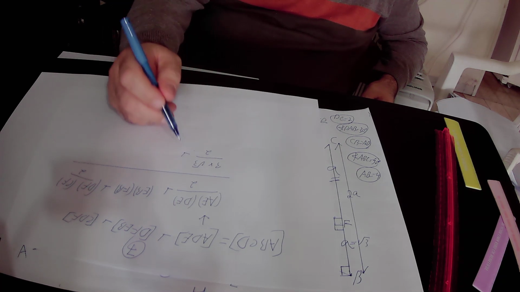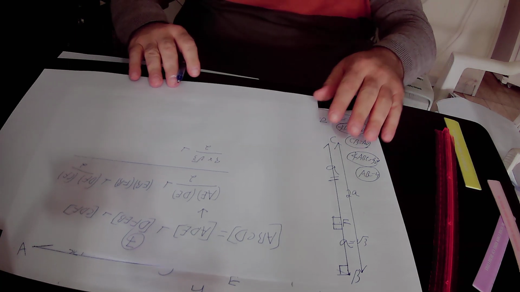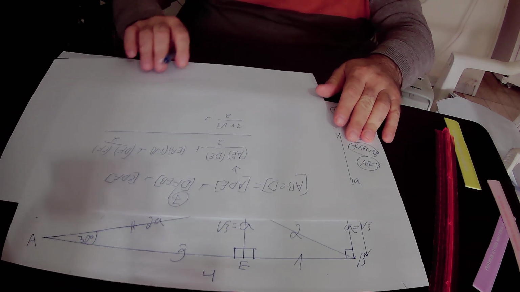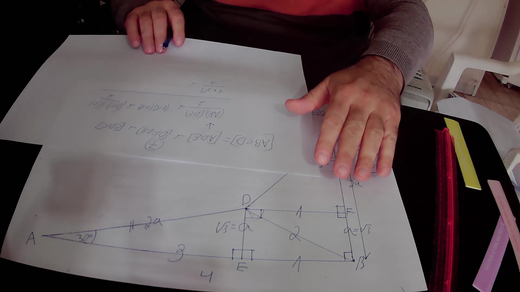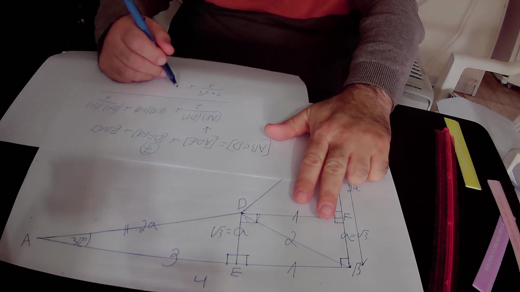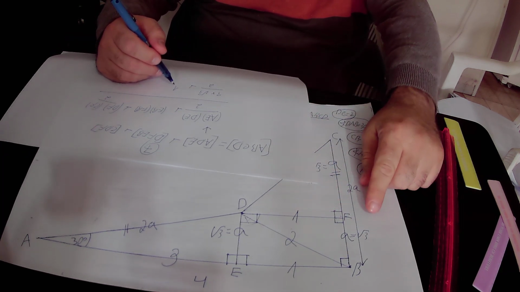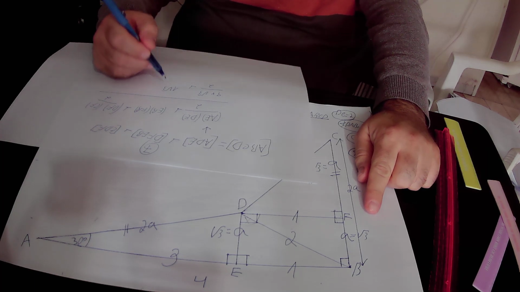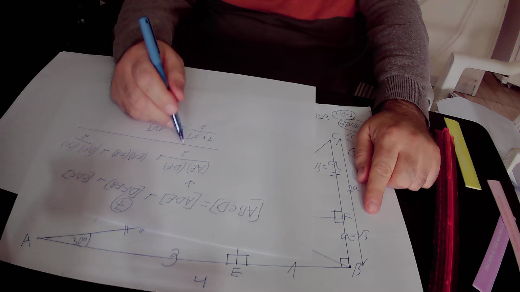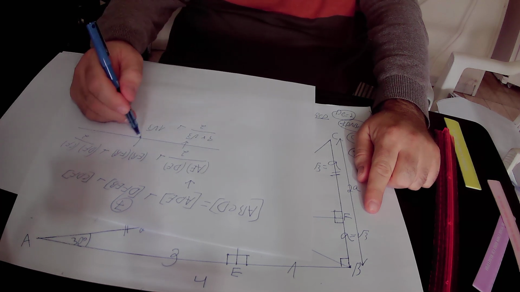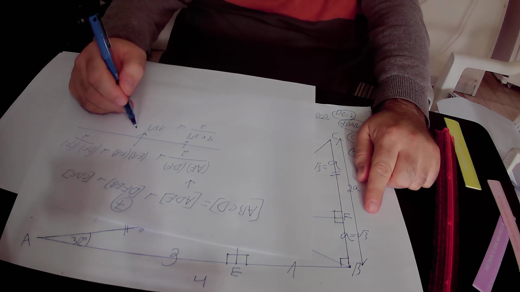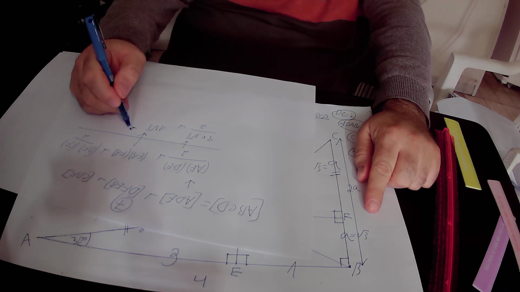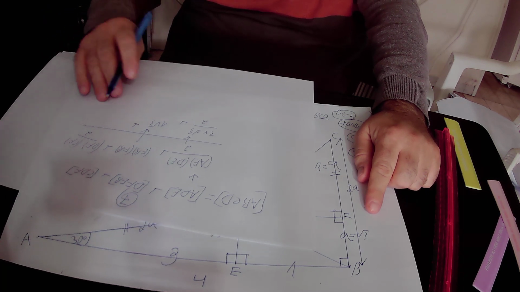And the area of rectangle DFEB equals to EB. EB is 1 plus FB. FB is square root of 3 units. So the area of rectangle DFEB is square root of 3 square units plus the area of the right triangle CDF.